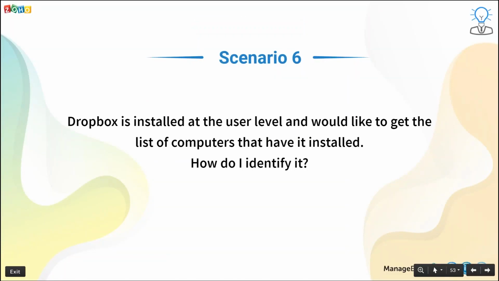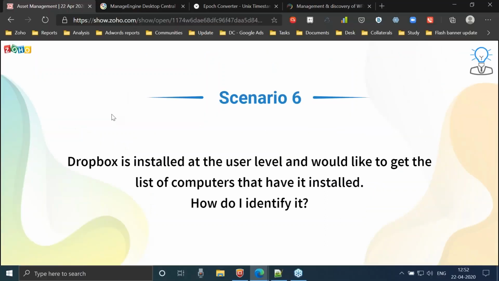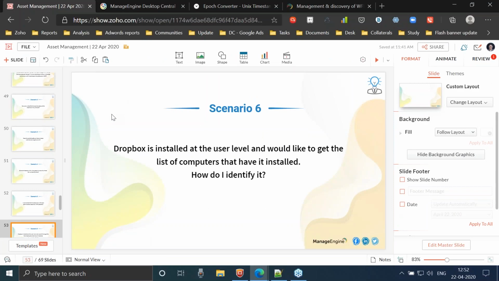The next scenario: Dropbox is installed at the user level and I would like to get the list of computers that have it installed. How do I identify it? Now, one thing that we have to note here is that Dropbox is user-specific software. It's important for us to identify applications that are user-specific and installed on the endpoint.